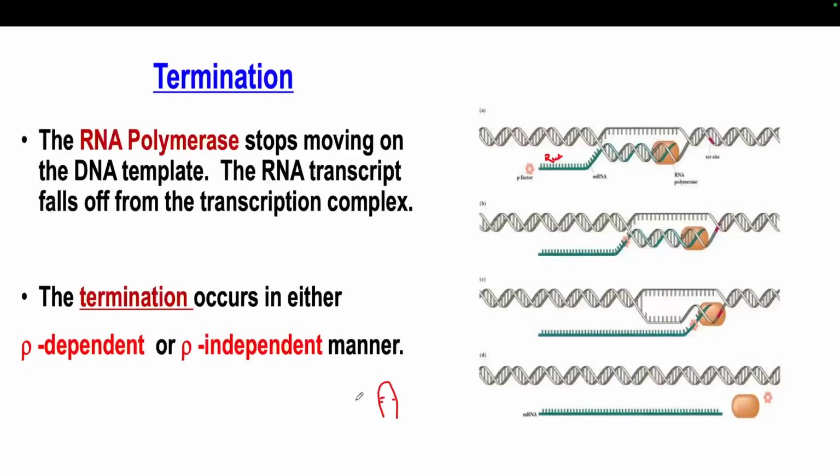So this structure formation acts as a termination site. When this forms, the RNA polymerase stops the synthesis of RNA, dissociates from the template, and releases the single strand of mRNA. So this is the complete procedure of bacterial transcription, we can say.